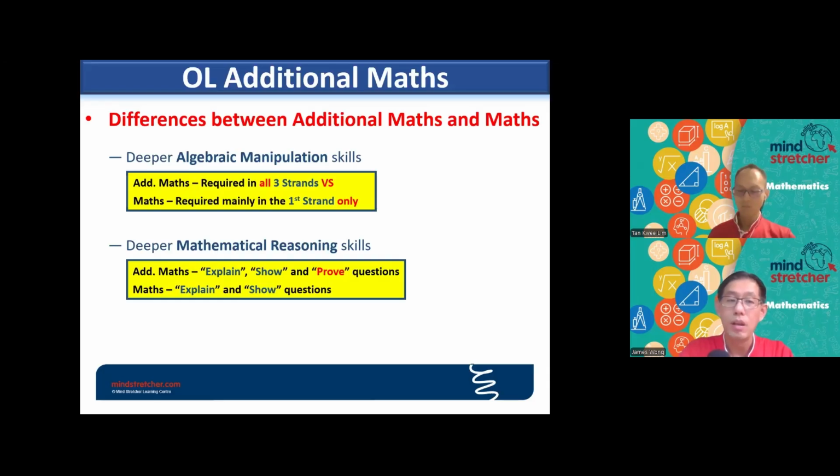Okay, and of course the other key difference between additional math and math is in terms of the mathematical reasoning skill. Okay, so the demand for additional math is higher. So there will be some more challenging questions. Both A math and math have challenging questions. So in math, they will typically require you to explain a result or to show a certain result, right?